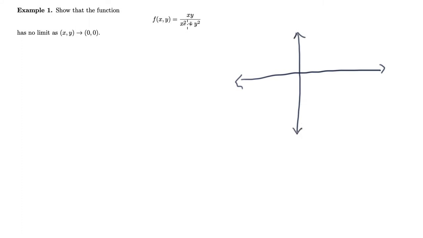Now (0, 0) will not be in the domain of this function, but that's okay. We're just looking at the limit as these points (x, y) approach (0, 0), so the function doesn't have to be defined there. For the first direction, let's look at what happens if we approach the point (0, 0) along the positive x-axis.